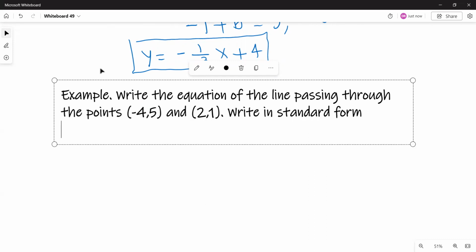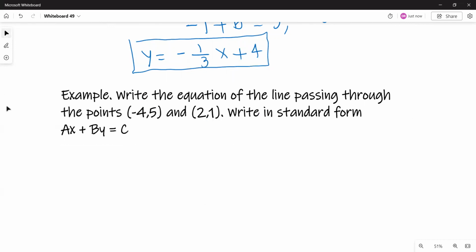The standard form is ax plus by equals c. Okay, so in any case, even if we want to write the equation of the line in standard form, we're going to find the slope first.